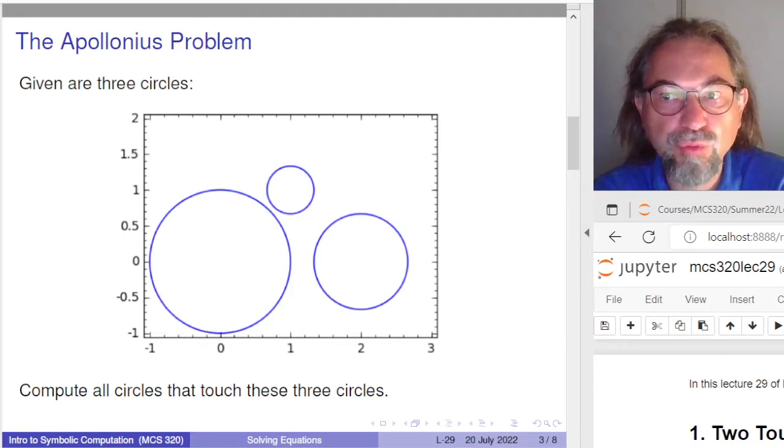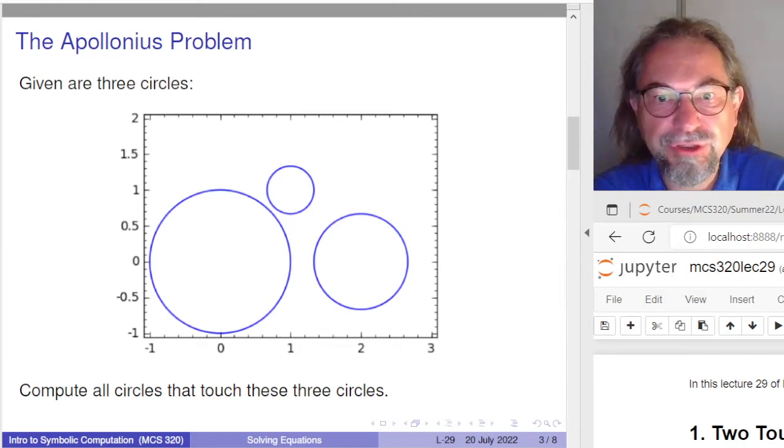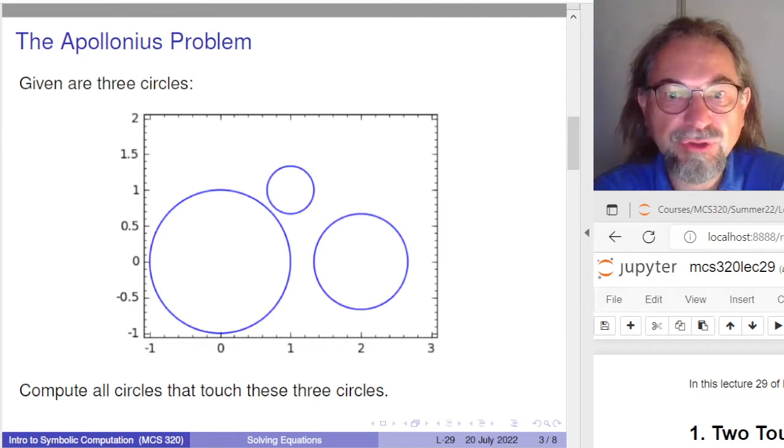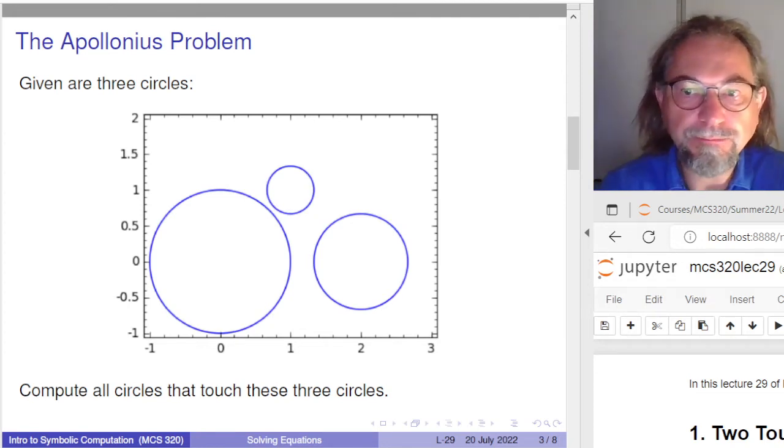So you can choose the center of the touching circle, and then you can compute the 2 solutions that touch the given circle. So for one circle you have 2 degrees of freedom, so you can impose 2 more circles. Now we will see that there are 8 solutions to this problem.